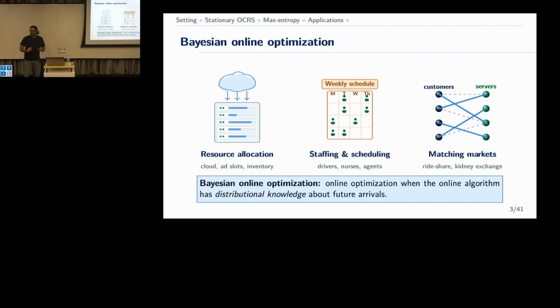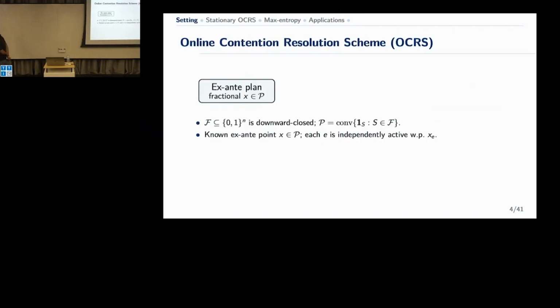I'm not going to talk about these applications. Instead, what I'm going to show you is revisiting one powerful framework related to Bayesian online optimization that will help you to design algorithms. And that primitive is what I'm calling online contention resolution scheme, or OCRS. All right? So let me explain a little bit.